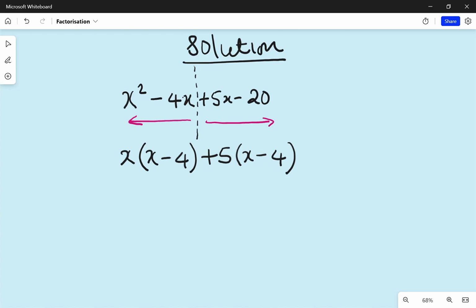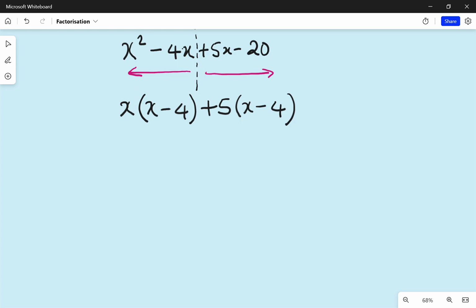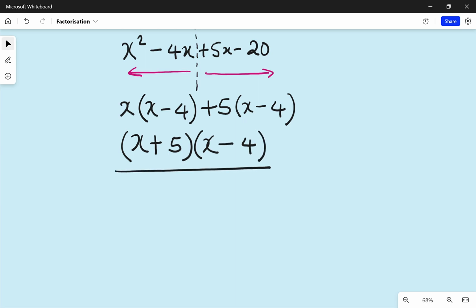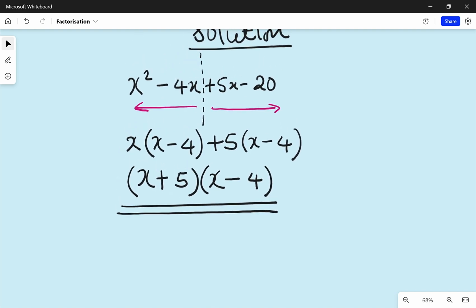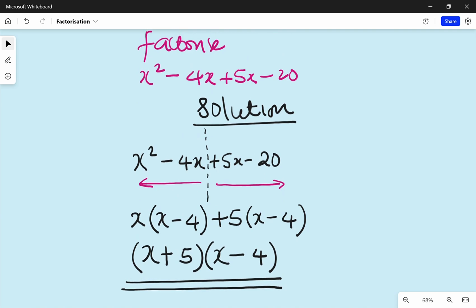Those outside brackets, I create a bracket for them. So I'm going to have x plus 5, then x minus 4. This is your solution. That's how you do these factorizations. Very simple indeed.